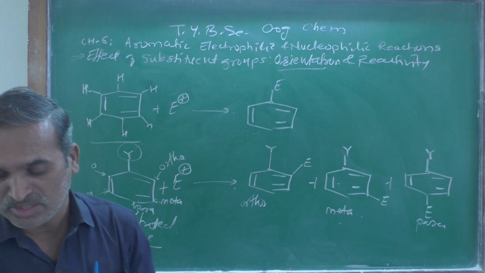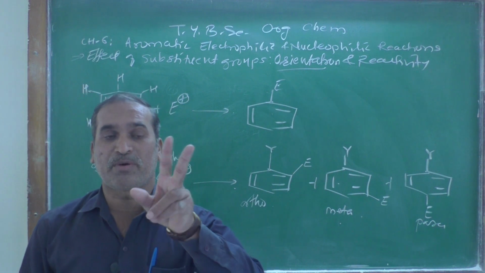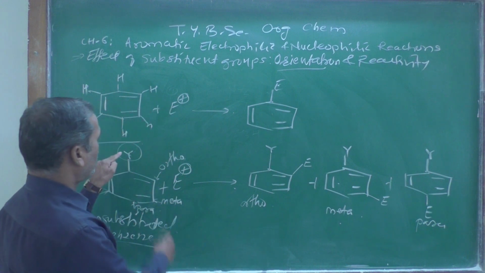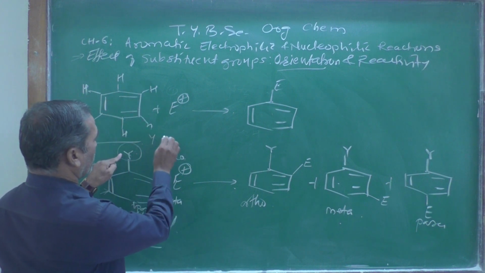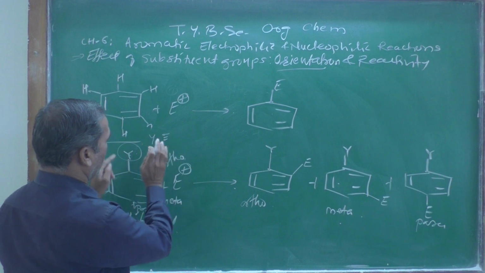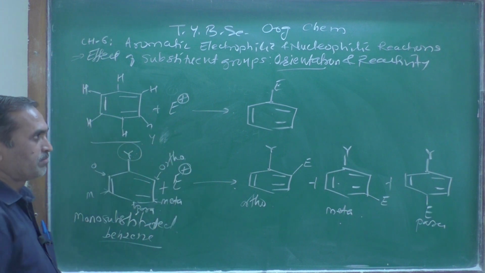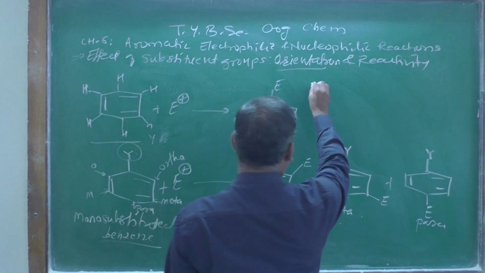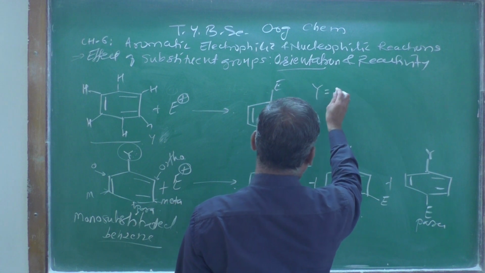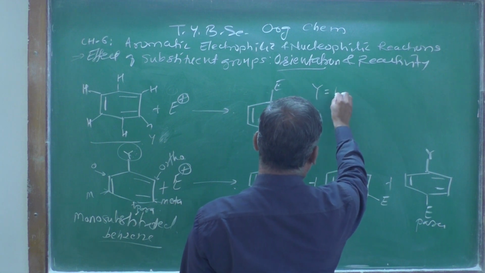Remember, on a benzene ring only two types of groups are present. Y may be an electron withdrawing group or an electron donating group.